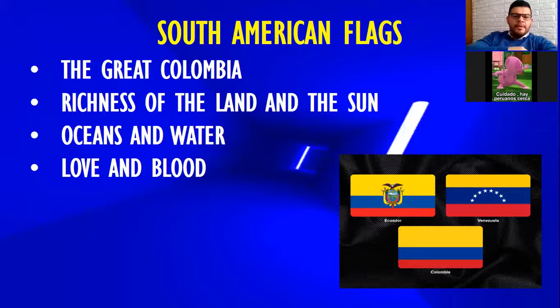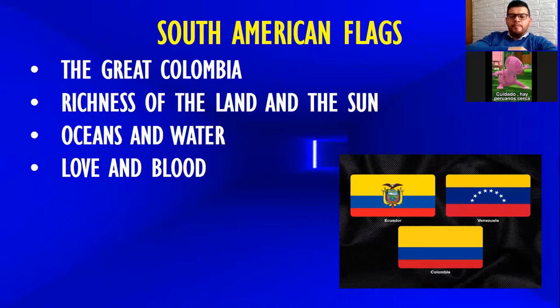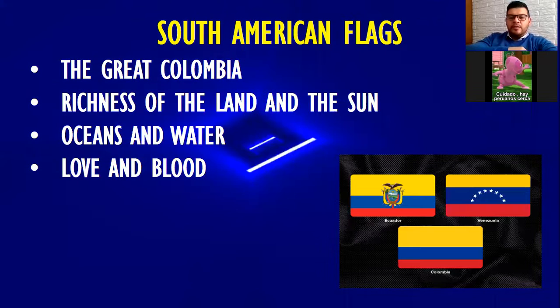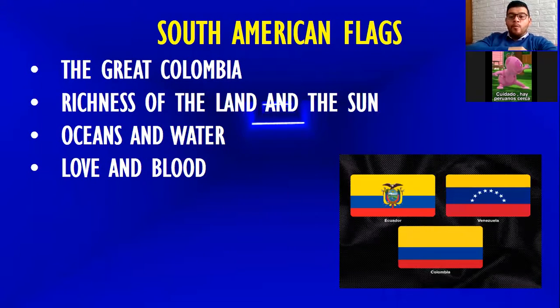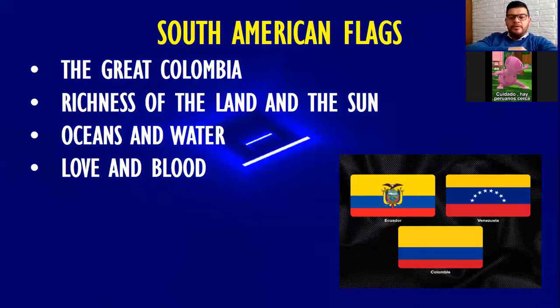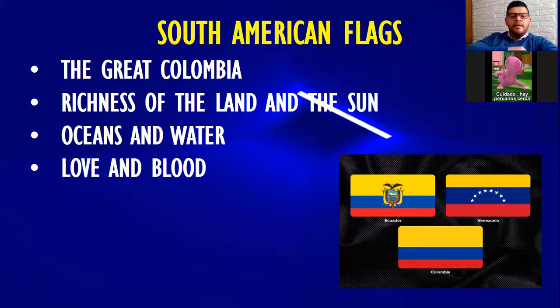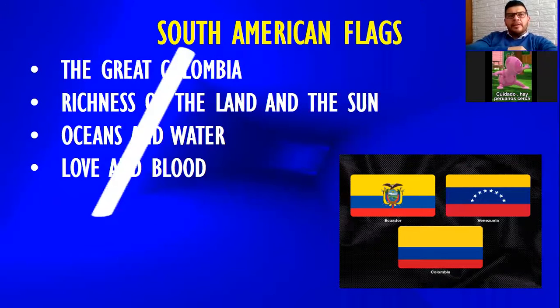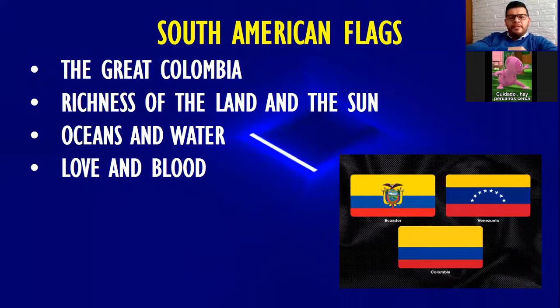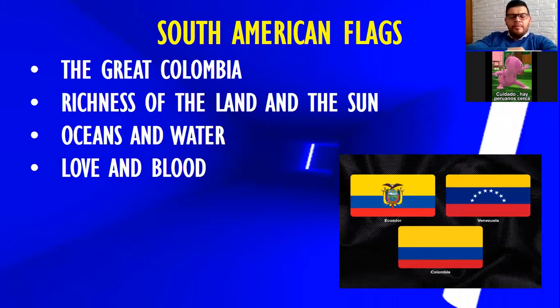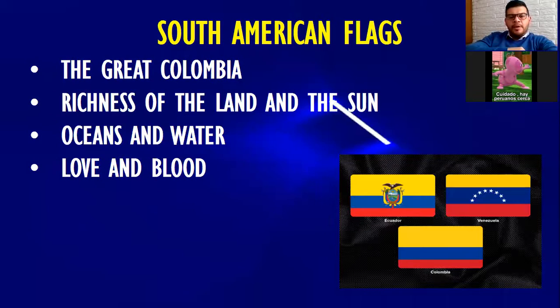Yeah, let's go with some more flags. Here we have the South American flags. If you notice, all of them have the same colors in the same position. The colors are yellow, blue, and red. Let me tell you the reason why these flags have the same colors. Back in the 15th or 14th century, there was a country in South America called the Great Colombia, yes?